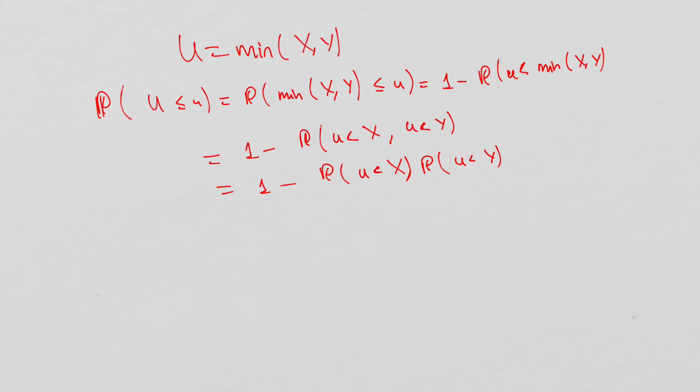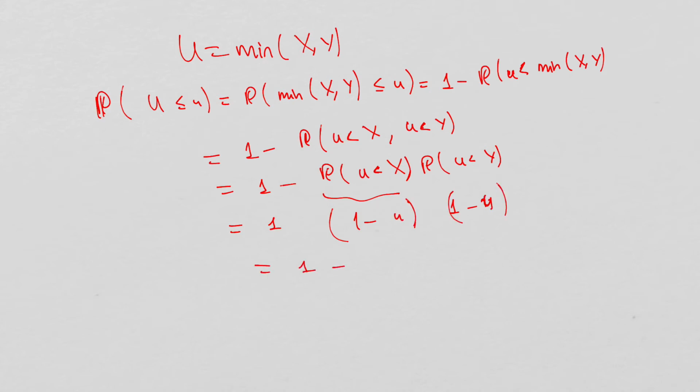Now we can write this down as what? It's going to be 1 minus, not 1 minus x, 1 minus u. Sorry, let's write this down clearly: 1 minus u and 1 minus u.